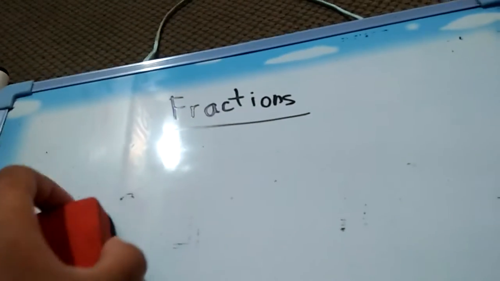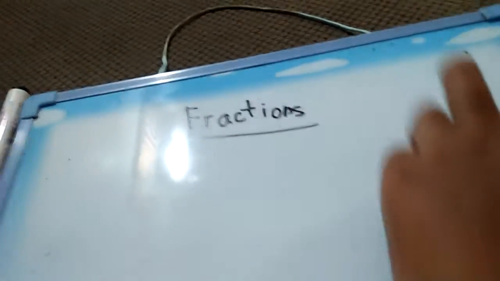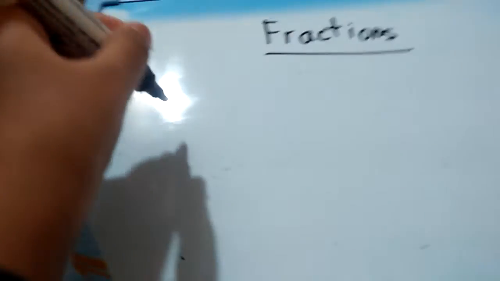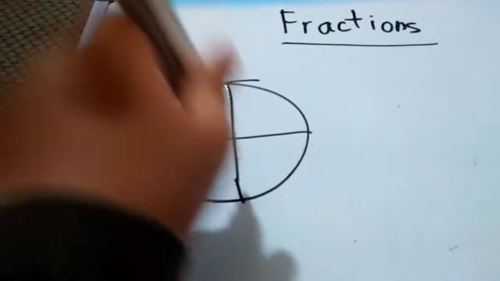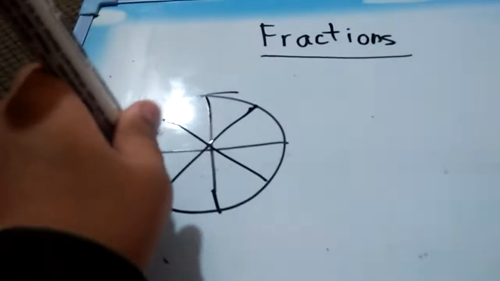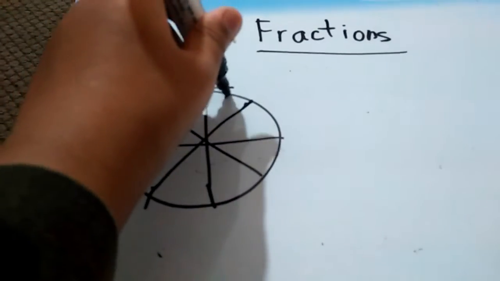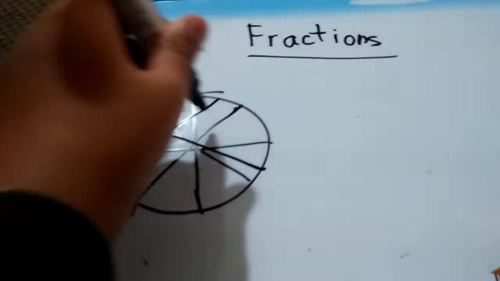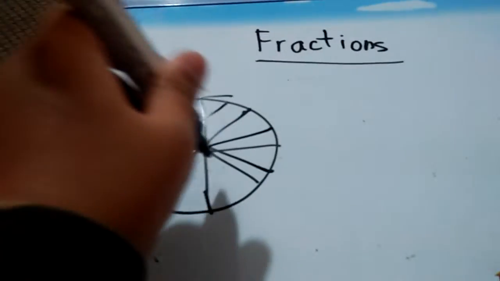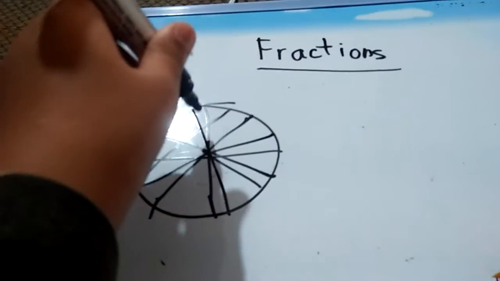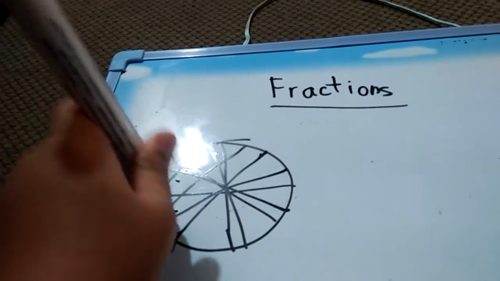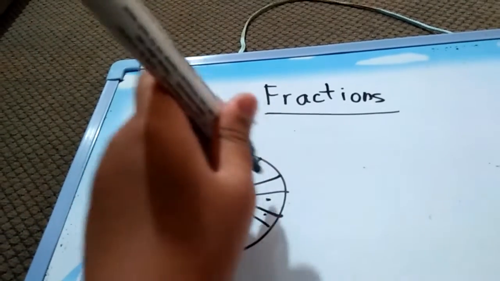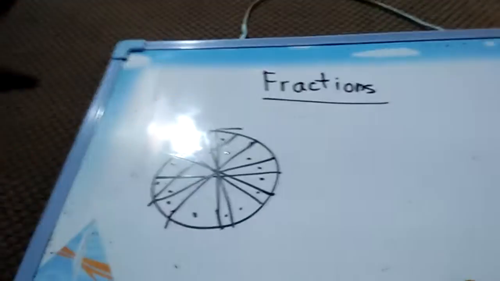But suppose there was a really huge square. So there were 1, 2, 3, 4, 5, 6, 7, 8, 9, 10, 11, 12, 13, 14, 15, 16 pieces of the pizza.